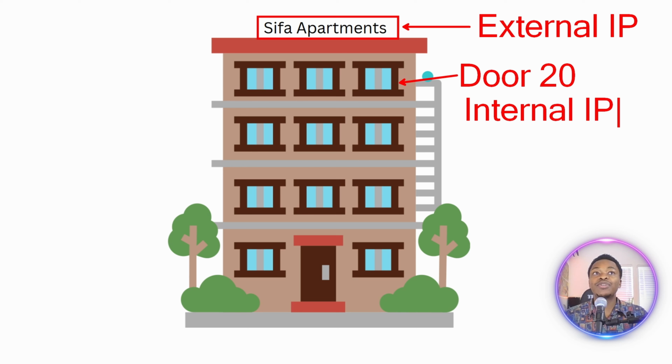Sasa let's say uko na mtu wa nduthi, mtu wa nduthi yeah, obviously mtu wa nduthi, or like let's say someone kutoka Uber anakuja kudeliver chakula yako. Akikuja kwa Uber utakomeandika your external IP, utakomeandika the building, like, oh, where is this food being delivered? At Sifa apartment. And then akishafika Sifa apartment, exactly where is it being delivered? Kwa .20. Alright, so that is the idea of internal versus external IP. Let's dig more into that.